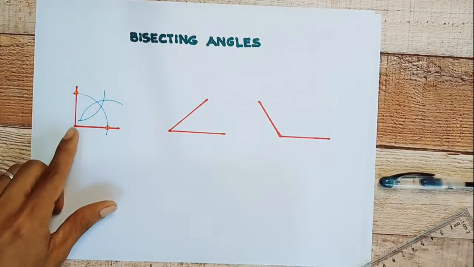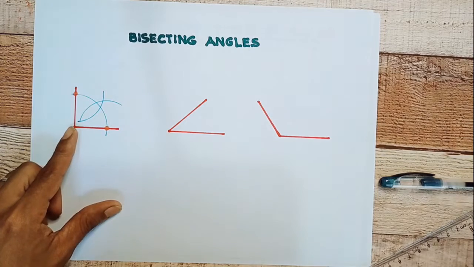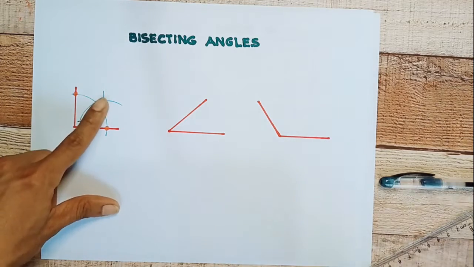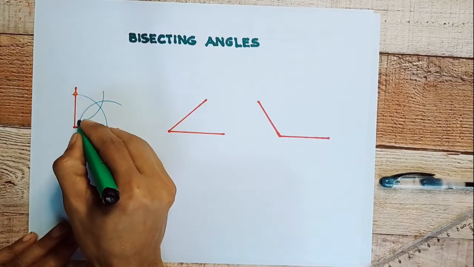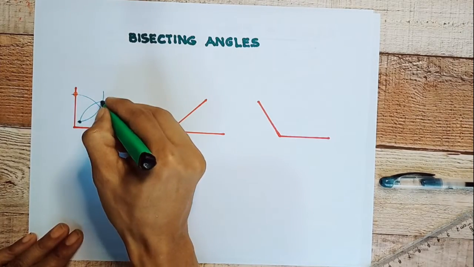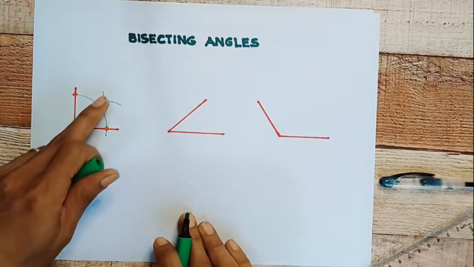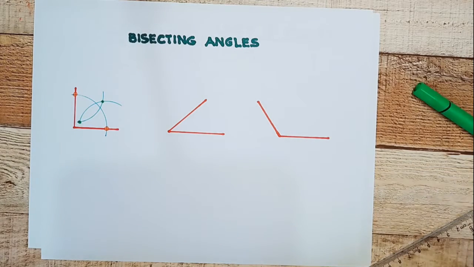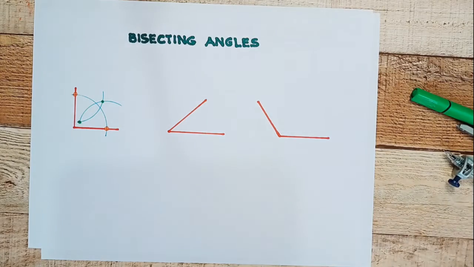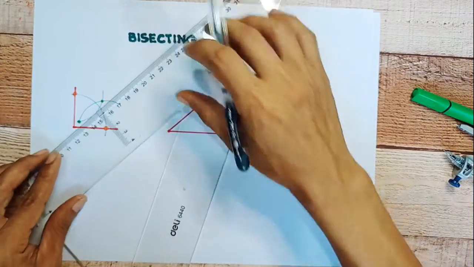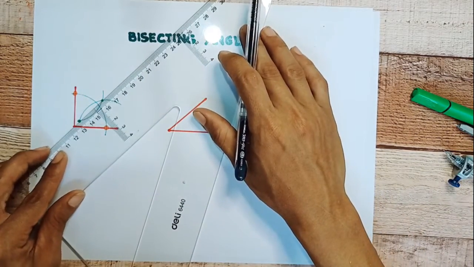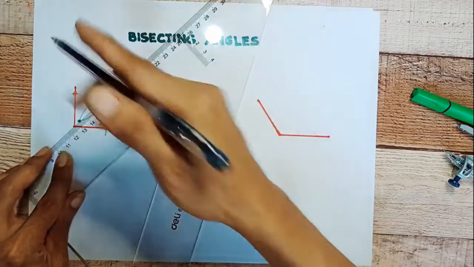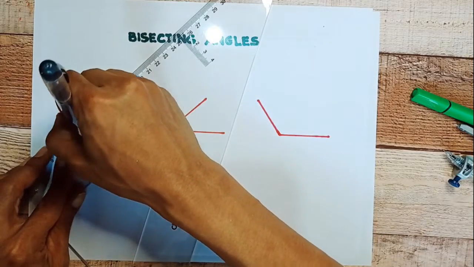So now we could see the point of intersection for each of our arcs. It's here and that one. So those are the points of intersection. So with that, we're going to again draw a line on their points of intersection. Like so.